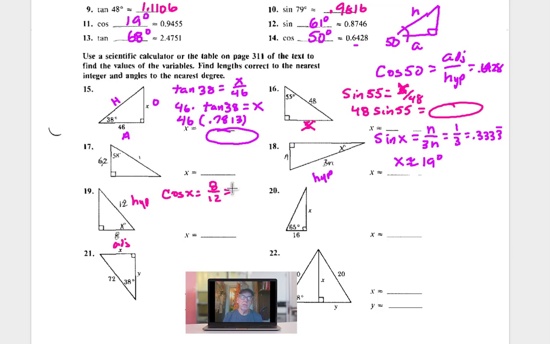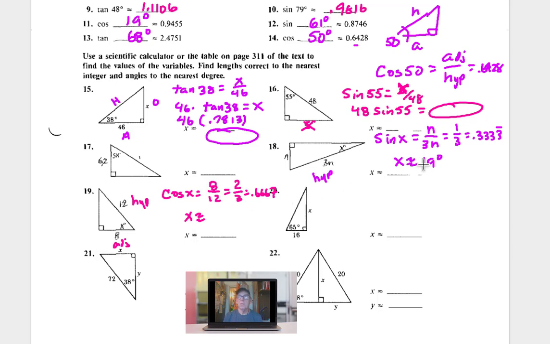Now 8 over 12 is the same thing as 2/3, which is 0.667, or 0.6667. So I'm going to go to my table, look up the closest thing to 0.6667, and that's going to be my approximate measure for x.